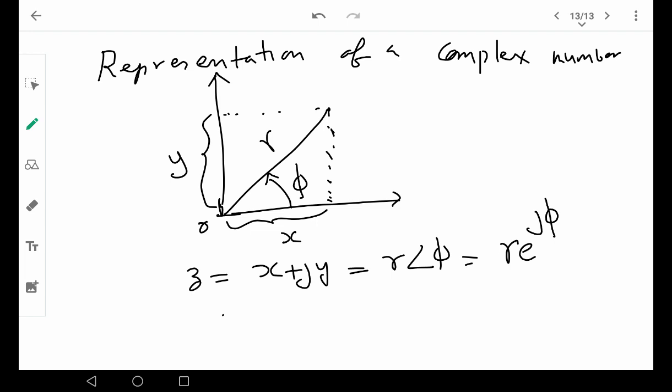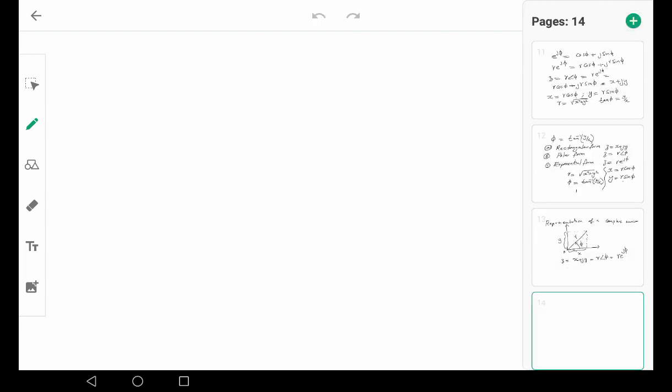Now in the next slide we will see something about the addition and subtraction of complex numbers.